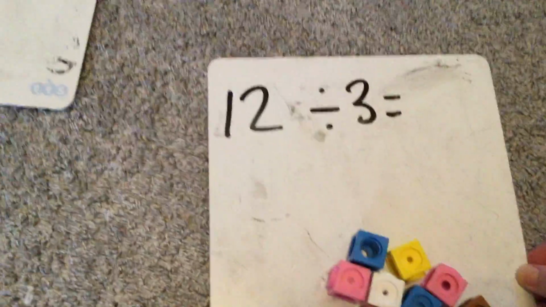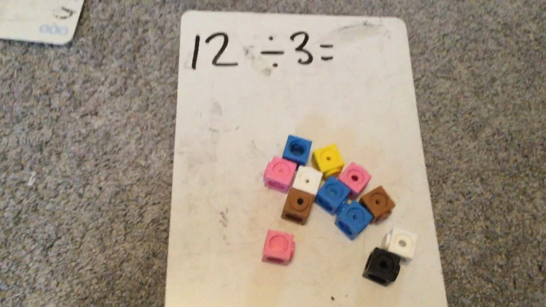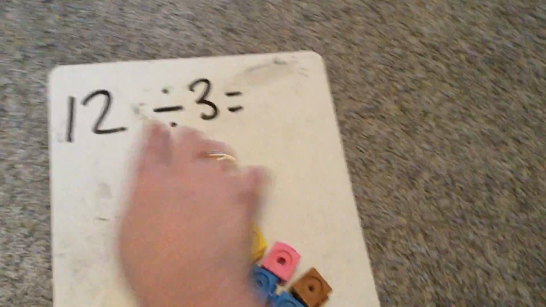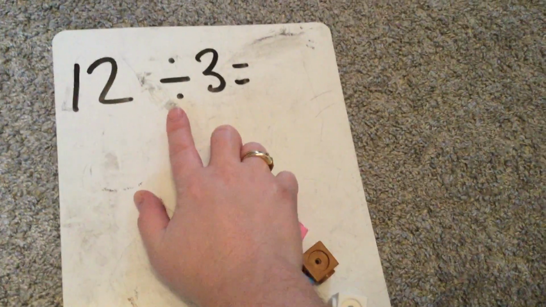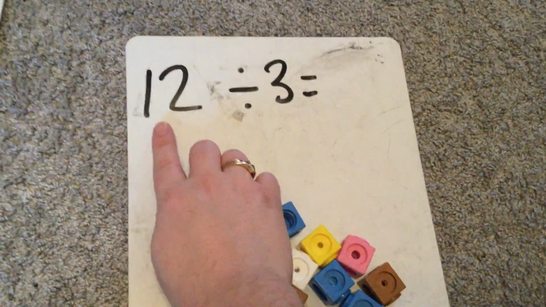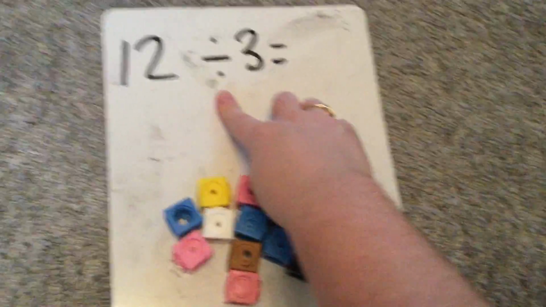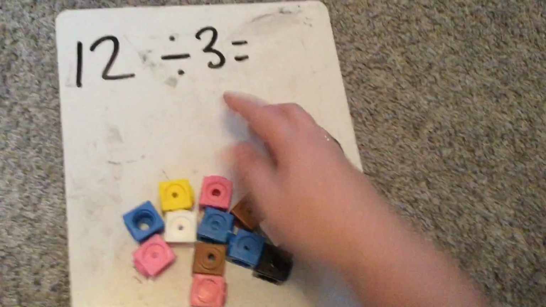Before we move on to long division, I'm just going to give you a reminder of some division that you've already done. So this is our division sign, which means to share by. This calculation means 12, which is why I've got my 12 cubes, divided or shared by 3. I'm going to show you what that looks like now.